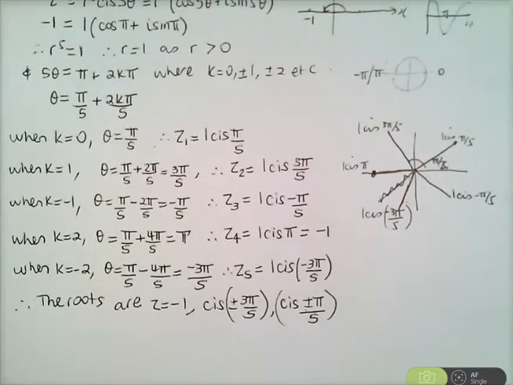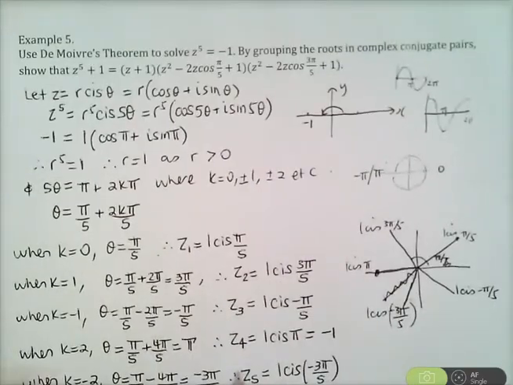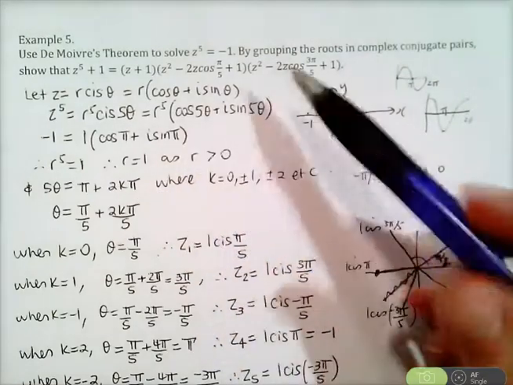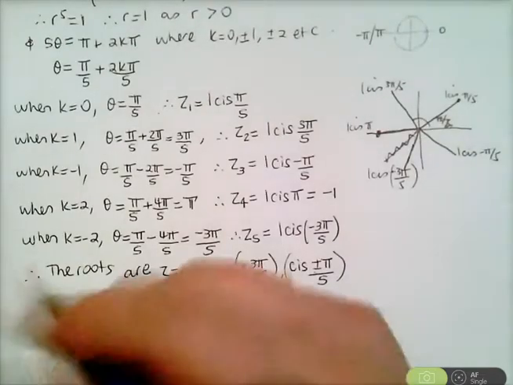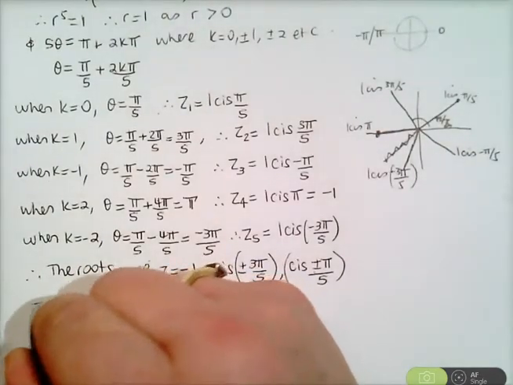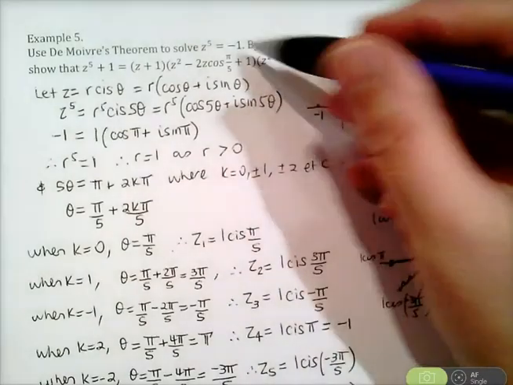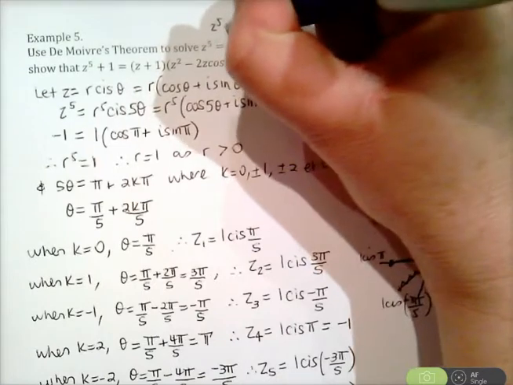If these are our roots, now remember our original question was z to the power of 5 equals negative 1. So they're our solutions to this. But remember, z to the power of 5 equals negative 1 really is just z to the power of 5 plus 1 equals 0, which is what we've really just solved.